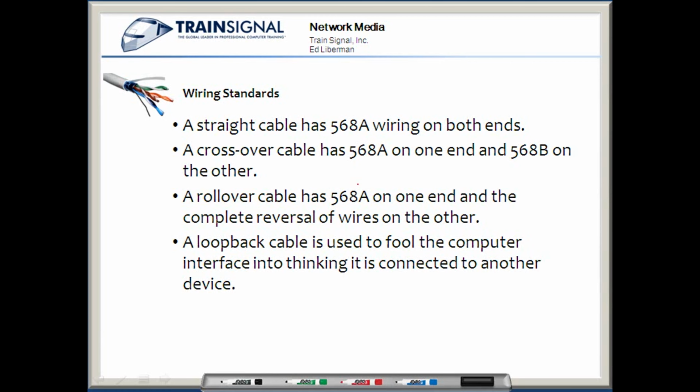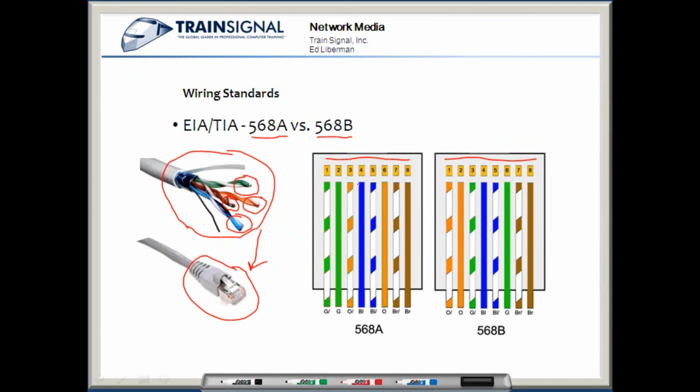So as a for instance, if we go back here, and I don't want you to worry about exactly which wire does what when it comes to communication, but just as a for instance, let's say that the computer network card where this cable's plugged into is expecting to transmit data on pin number 3.